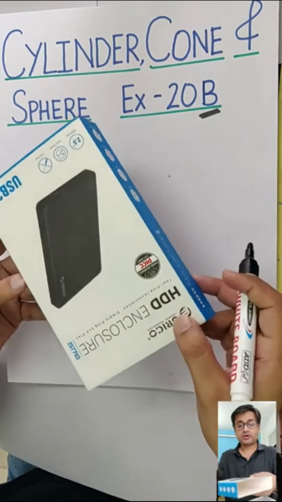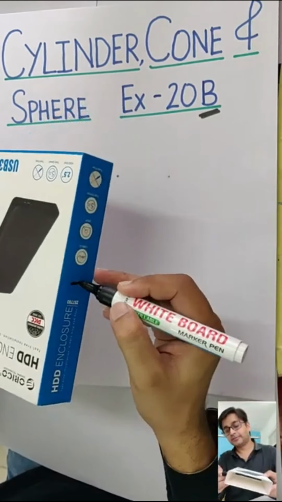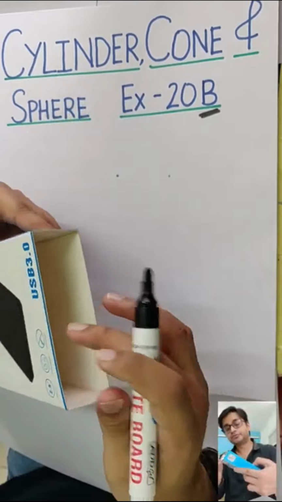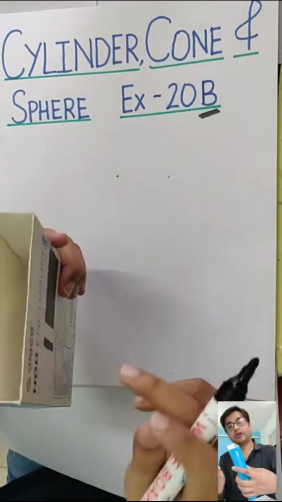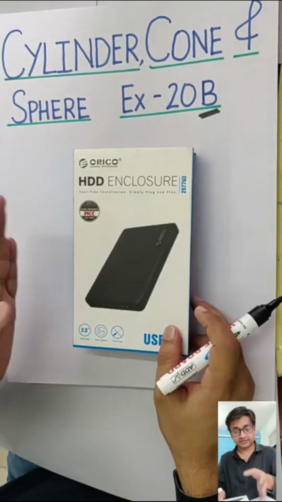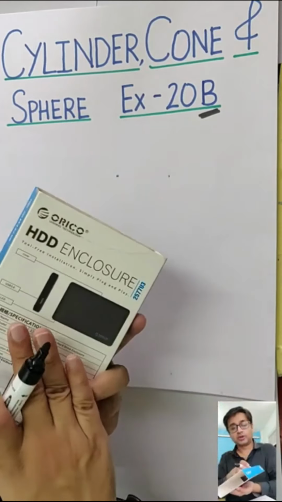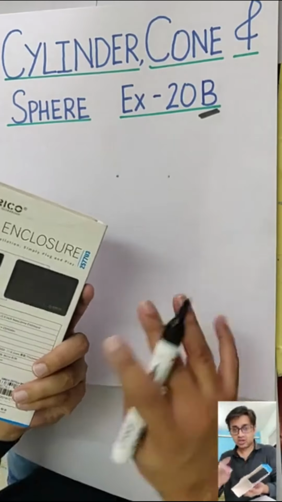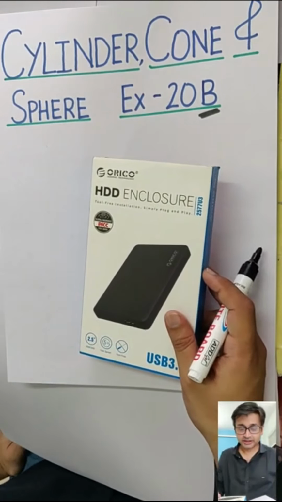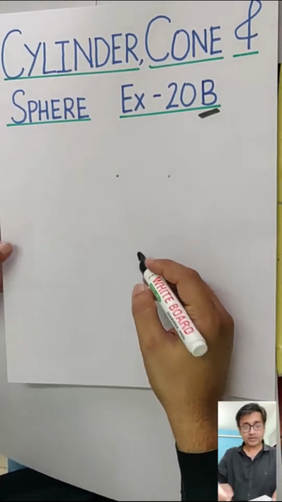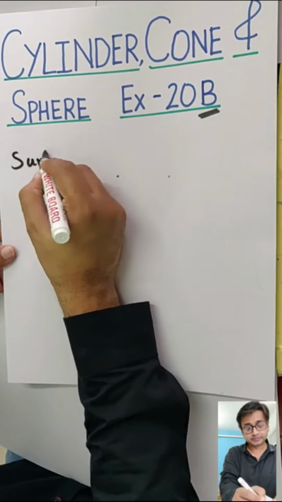Alright. Now if you look at this object, it has 1, 2, 3 and 4 vertical faces. Vertical means straight faces, and 1 and 2 horizontal faces. So 4 vertical faces, 2 horizontal faces. Are you getting it?